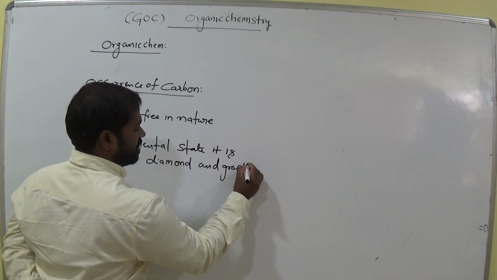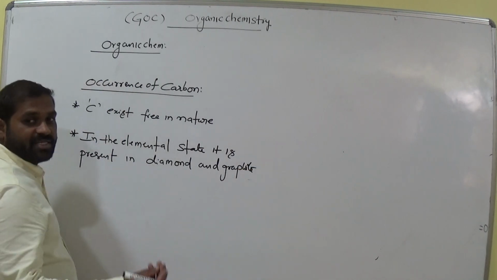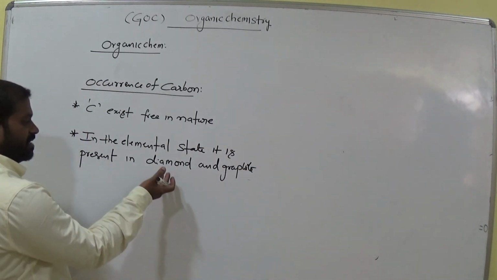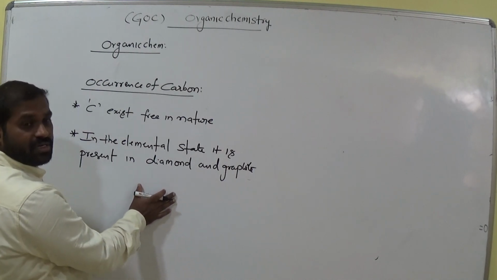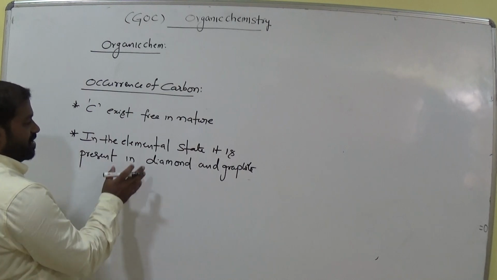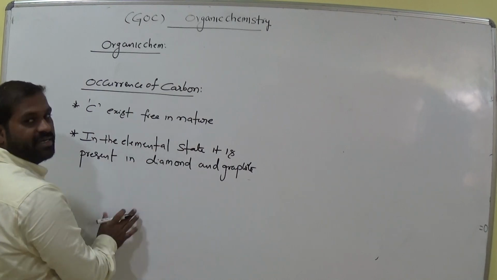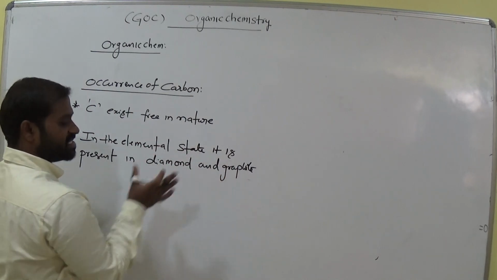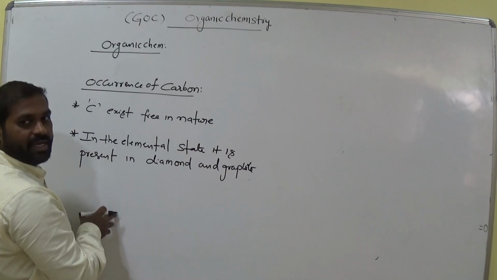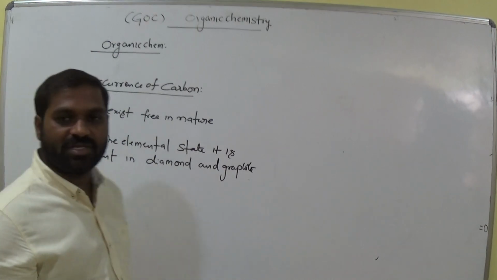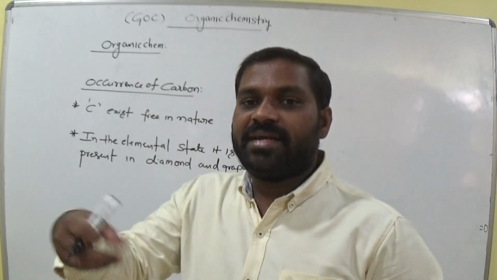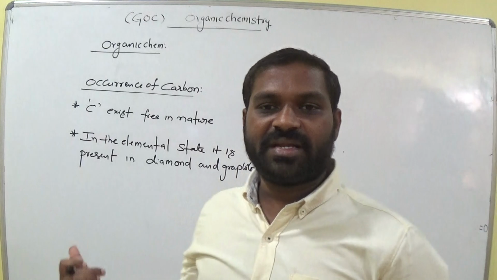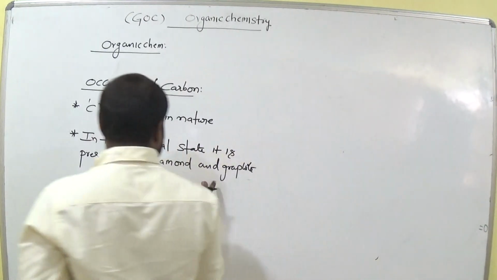Diamond and graphite. You know very well about graphite, the pencil, and you already know about diamond also. It is a very precious stone. Diamond is an element, not a compound. Graphite is an element, not a compound. Elements means carbon, hydrogen, nitrogen. Those are called elements. In the elemental form, as an element, carbon is present in diamond and graphite.